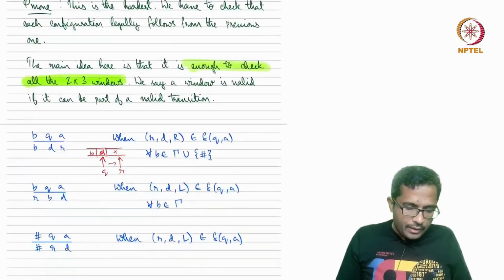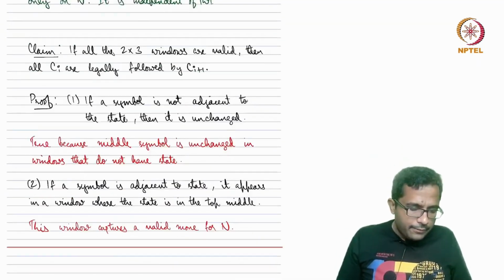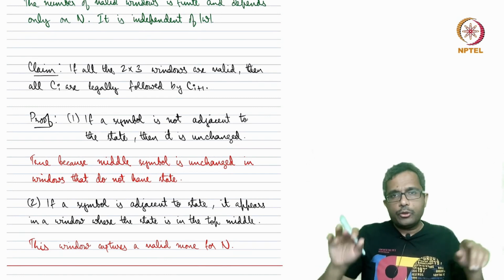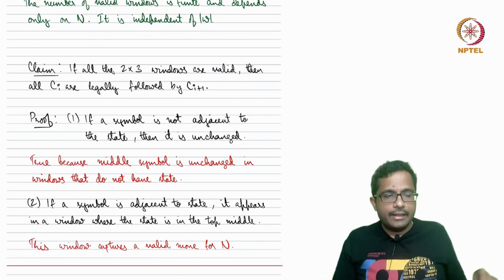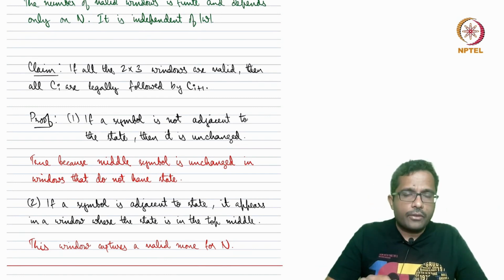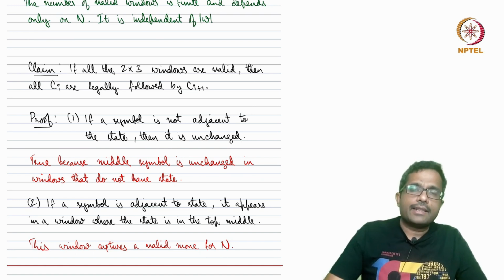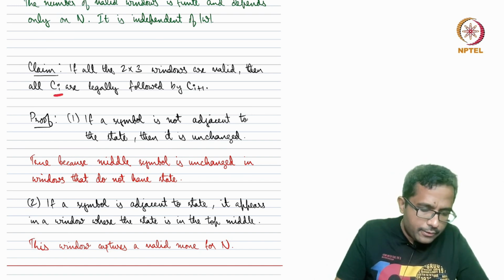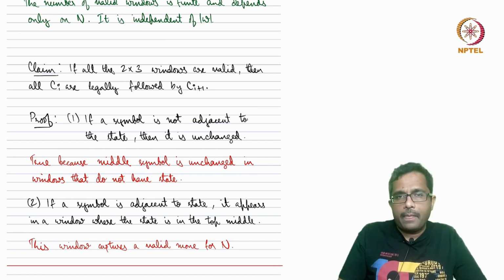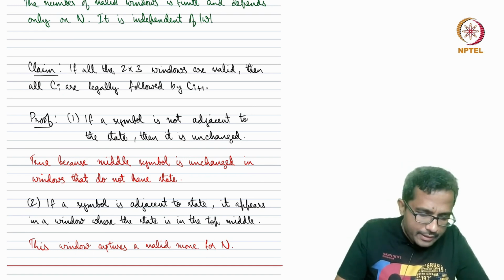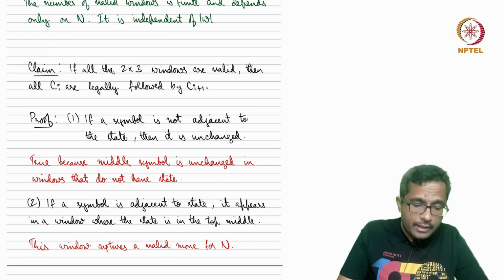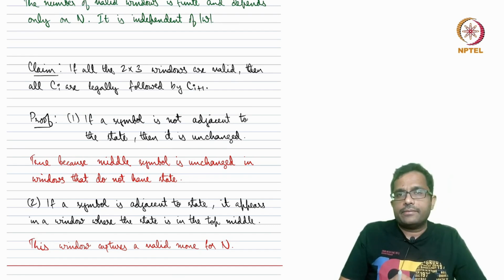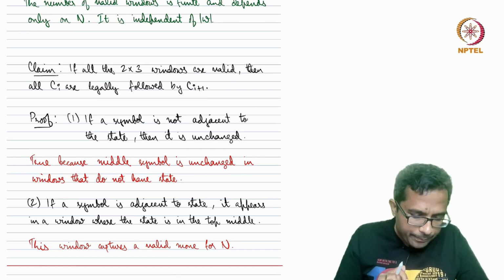And if we verify that all the 2x3 windows are valid, then it means that each configuration is a valid successor of the previous configuration, or in other words, each configuration is legally followed by the next configuration. This claim says that it is enough to check all the 2x3 windows. So why is that?